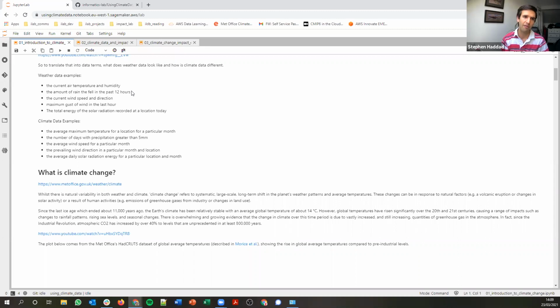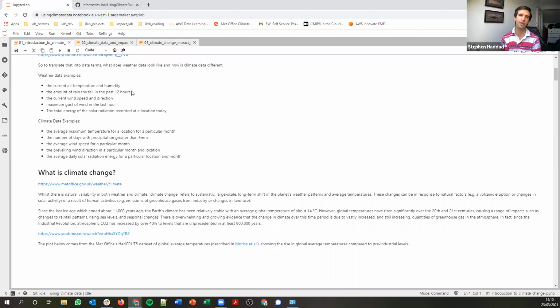So rather than the current air temperature, say the average maximum air temperature for a particular location for a particular month of the year. For example, what is the average maximum temperature for Exeter in the UK for March, which I think is 12 degrees. The average number of days with precipitation greater than a certain amount.